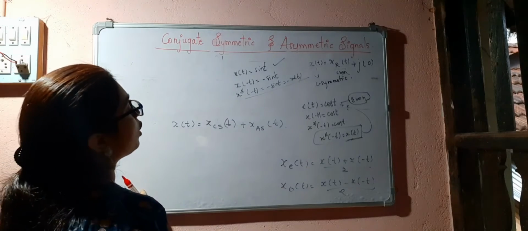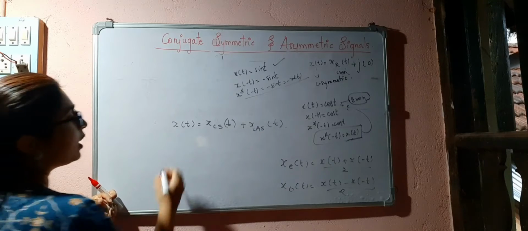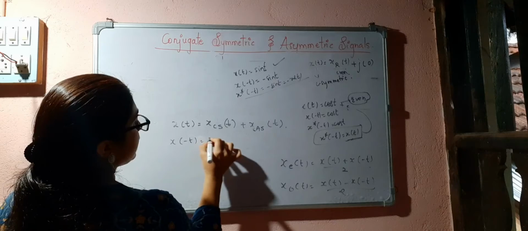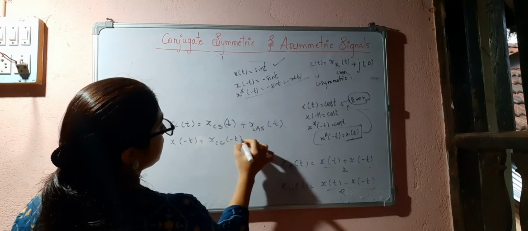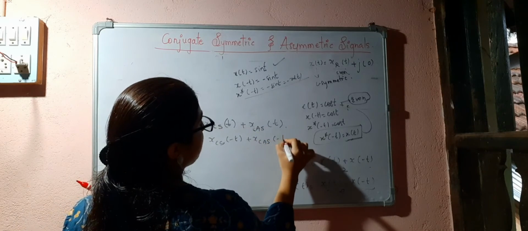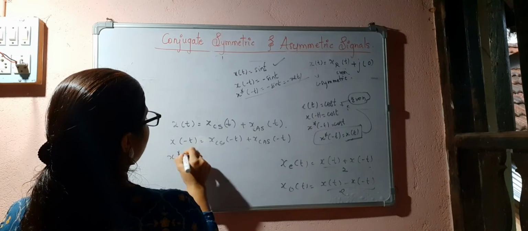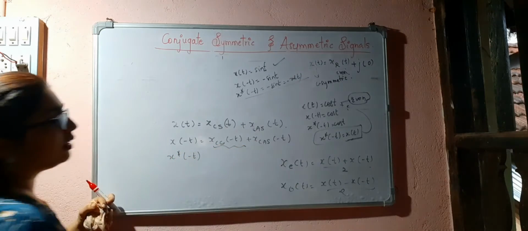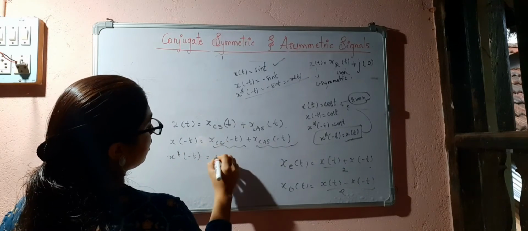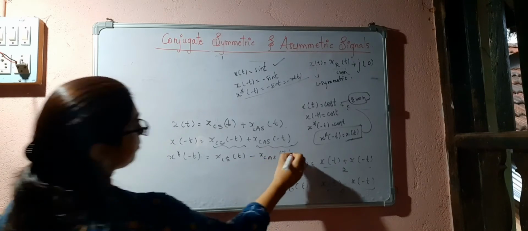Likewise, we can also find the conjugate symmetric part and the conjugate asymmetric part. Okay, so x of minus t is x conjugate symmetric of minus t plus x conjugate asymmetric of minus t. Now, x conjugate of minus t, this is the conjugate symmetric part minus the conjugate asymmetric part.